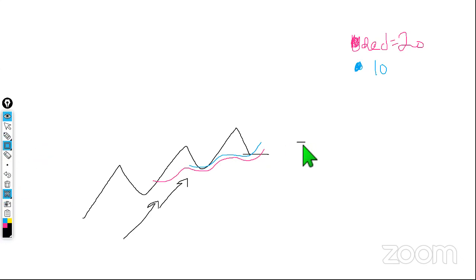Let's say we have a bullish pin bar right here at this zone. I'm going to make that drawing so you guys can figure out how it forms. You can see how the 10 and the 20 EMA are all supporting this as a dynamic support.